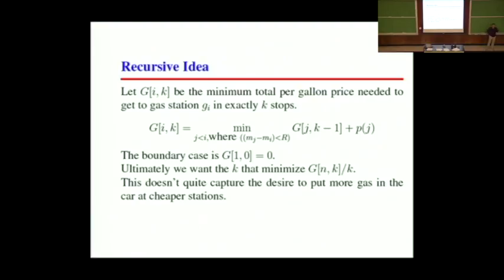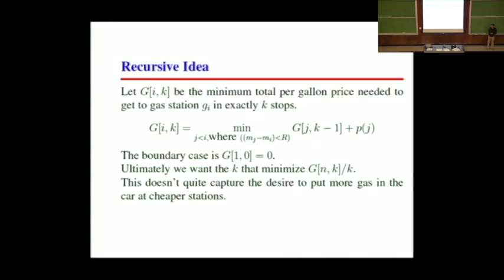How many people understand the recurrence? How many people don't understand the recurrence and have a question? Question like, I don't understand the recurrence would be a good question. Any questions? Anyone? Do you see how this has sort of the same structure as the other recurrence, right? Except now the function's a little different.